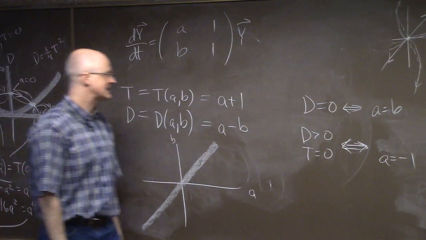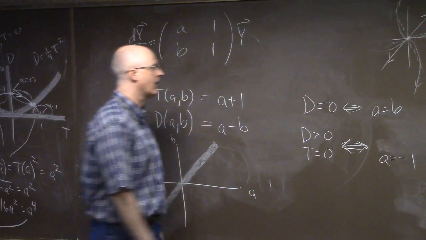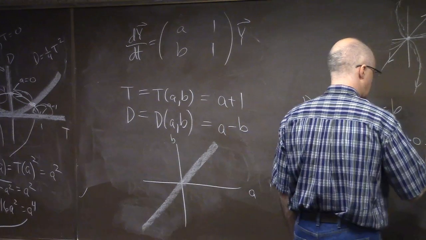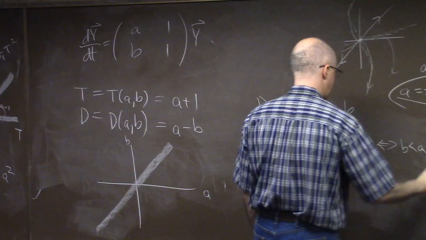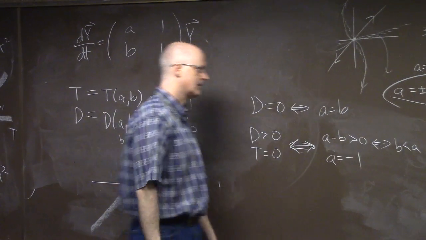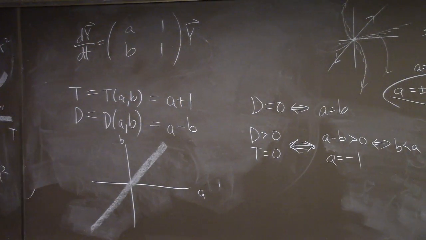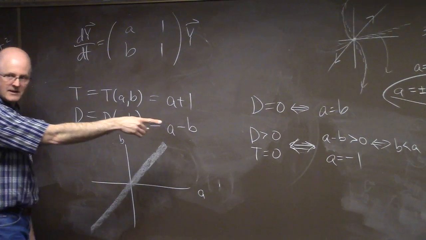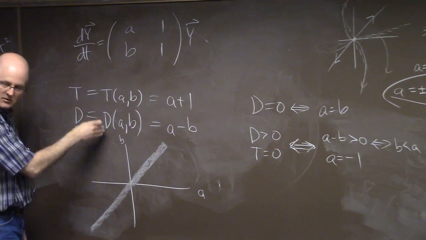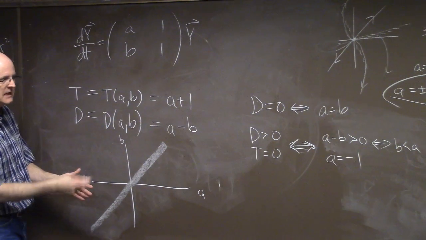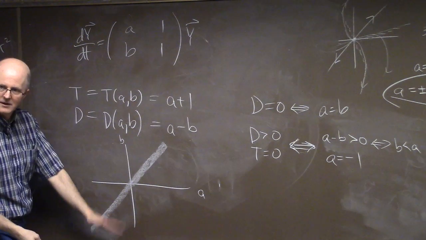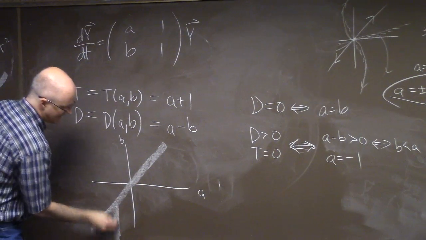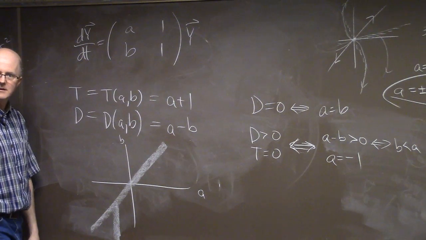D positive means A minus B is greater than 0, which is perhaps best thought of as saying B is less than A. So, if you draw a line A equals -1, which is a vertical line over here, but also make sure you keep B less than A, so you're below this line, that gives you another critical locus in this new AB plane.